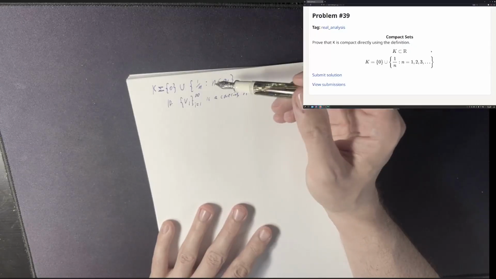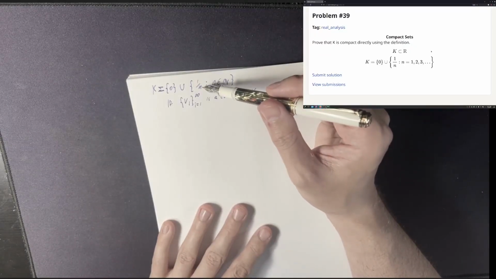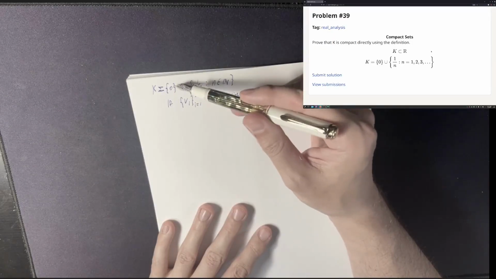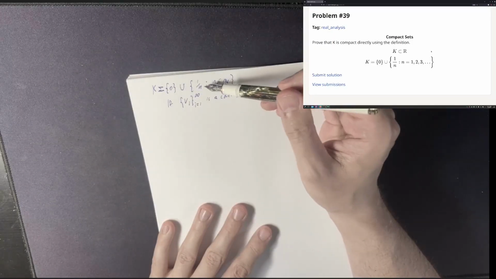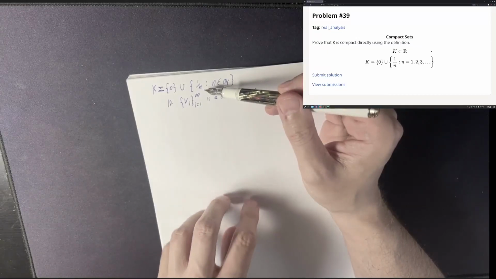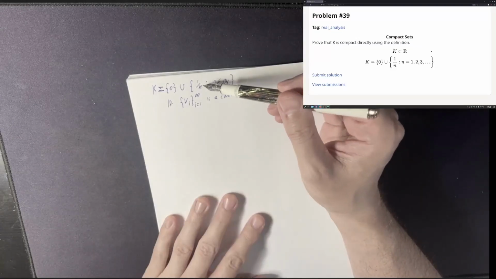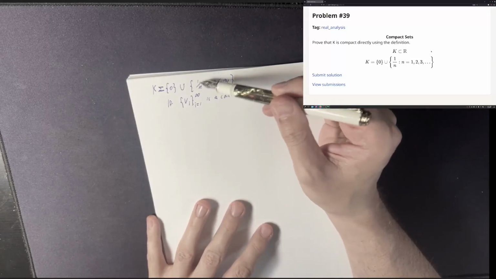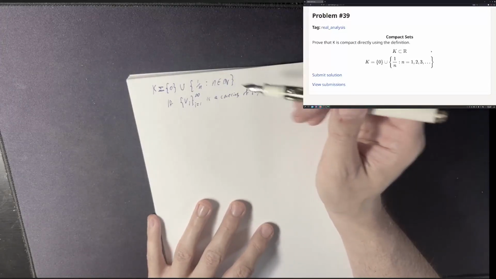What that means is any neighborhood of 0 contains one element of this, but you could keep shrinking the neighborhoods and you always get an element of this. So it effectively means that you have infinitely many members of this family.